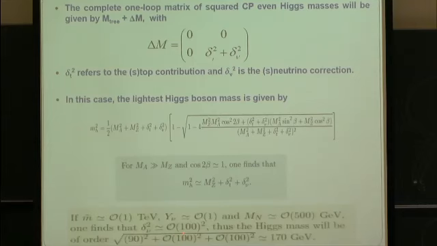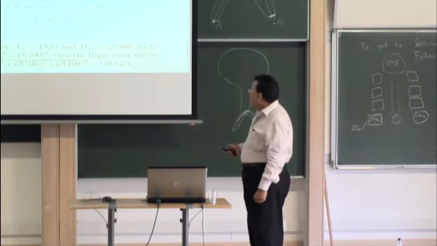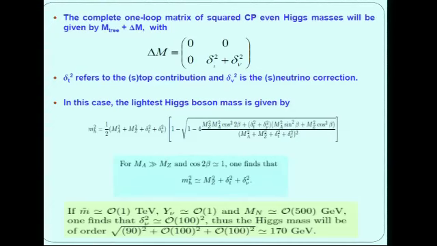GeV squared, similar to the top and stop contribution, and therefore now you can push the Higgs mass to rather heavy, even of order 170. Of course, we don't need to push the Higgs mass to 170, but we need to relax the constraints on the parameter space of the MSSM, because now if you have an extra contribution like this, you don't really need to push the stop up to 100 GeV as it was before.